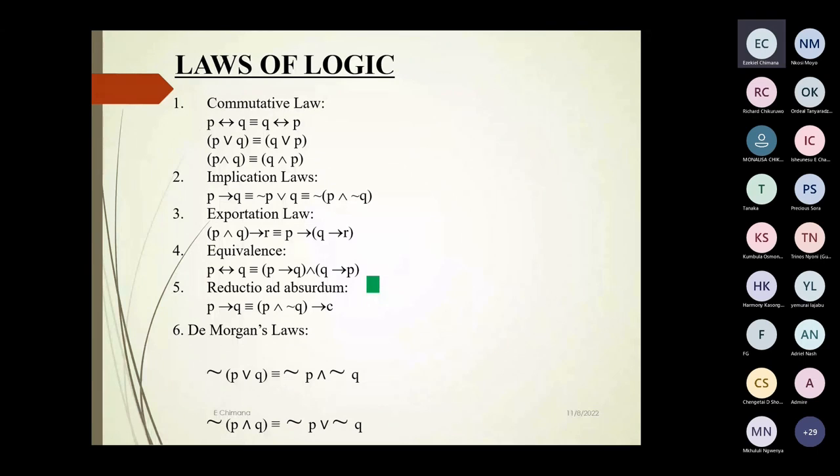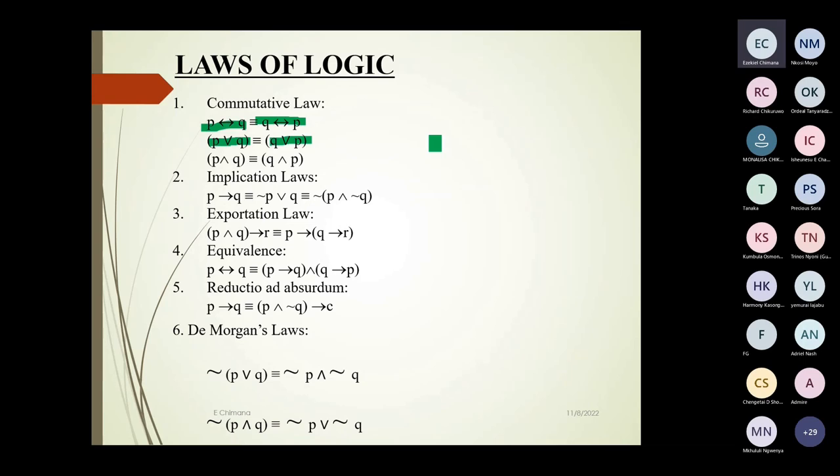What you need to know is just how to apply them. If you are given something like this, you can use this one interchangeably. If you have P and Q, you can also use Q and P. If there is P or Q, you can also use Q or P. It's the same by the commutative law.